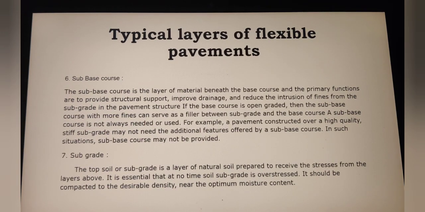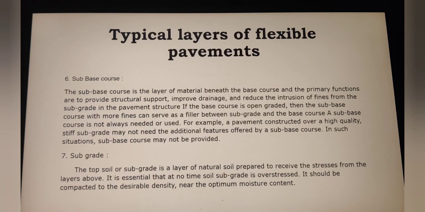So why is it called a structural part of the pavement? Because it is the most important layer which transfers the stresses developed due to the traffic impact from the wearing course. It provides the required foundation stiffness and the structural strength.